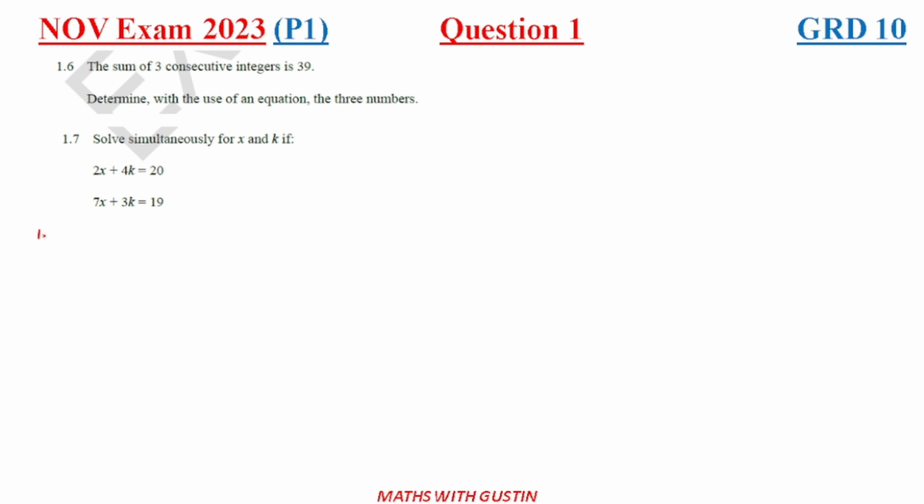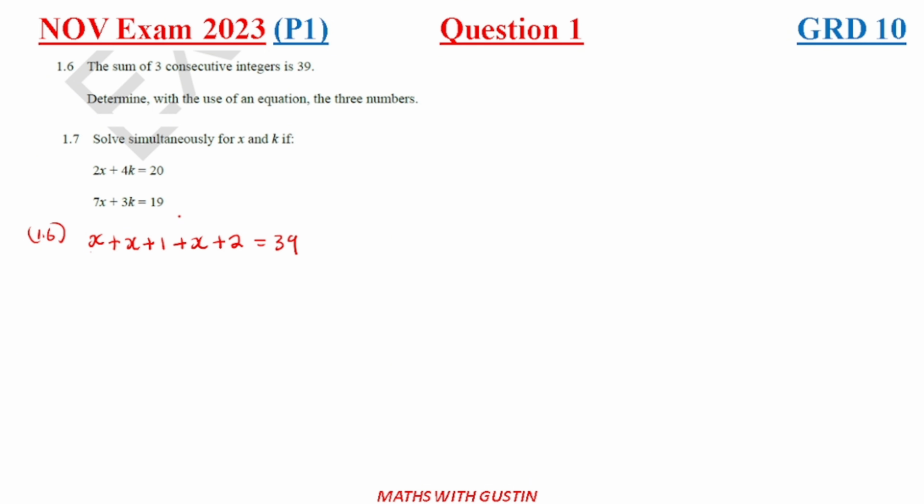1.6 says 3 numbers. So the first number is x. In order to go to the next number, because they said consecutive integers, it means they are following one after the other. So if this is number 1, for the next one you just add 1 onto it, x plus 1, and for the next one you add 2 onto that number, x plus 2, which is going to give us 39.